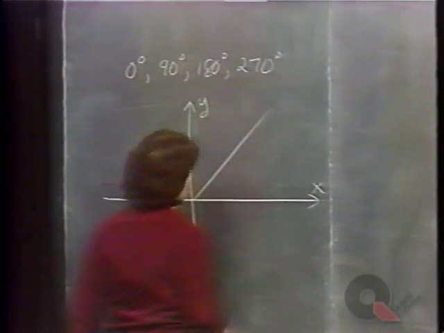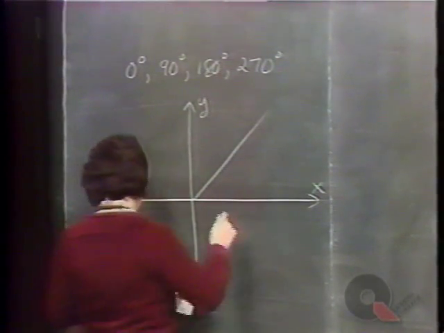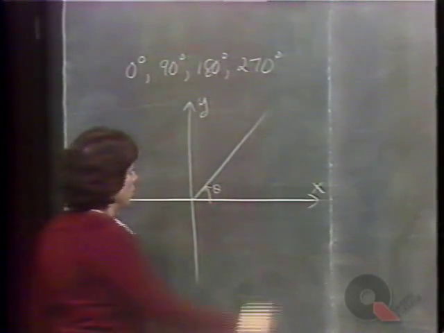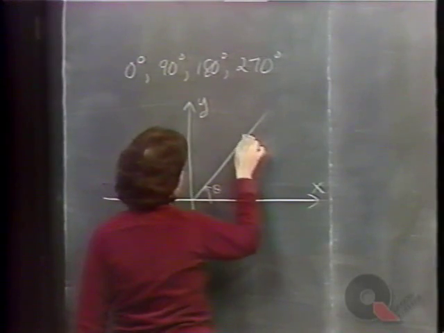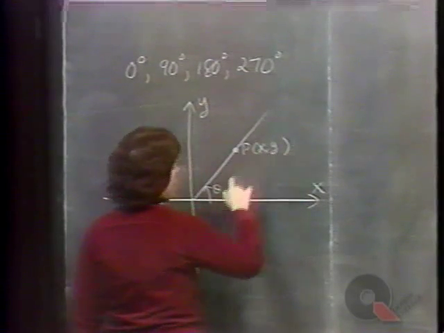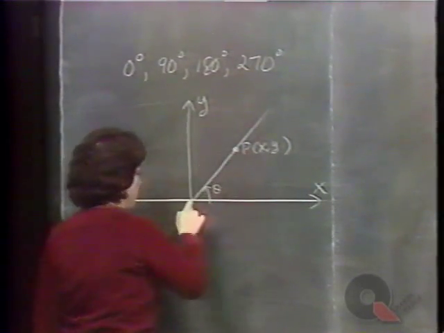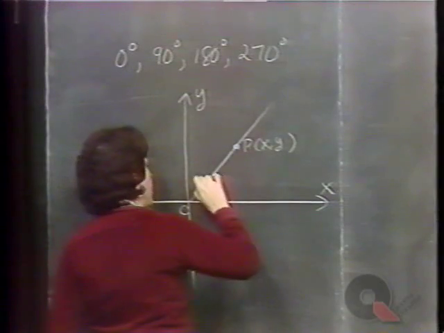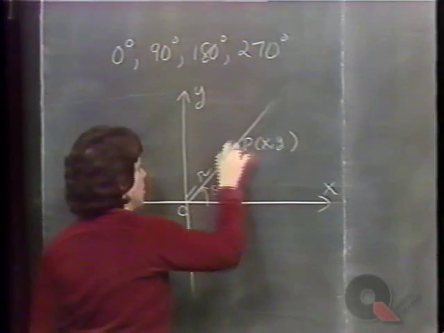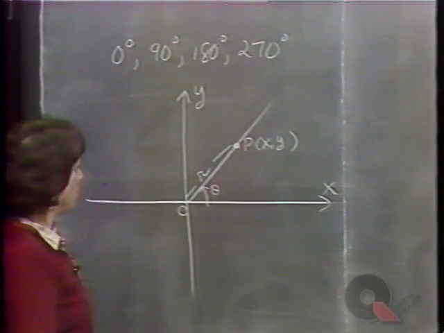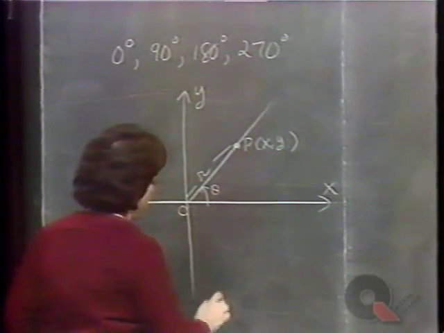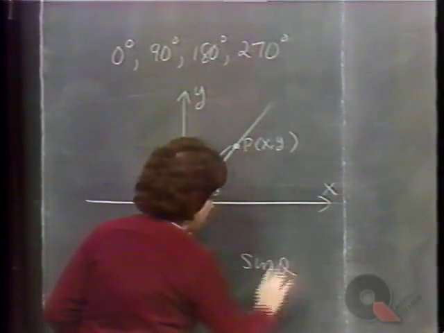Let's say, for the sake of argument, it's somewhere in the first quadrant. This is an angle theta. And what we do is we choose any point on the terminal side of that angle, let's say point P, where the distance from this point P to the origin we denote by R. R represents the distance from P to the origin. And we then define trig functions of this angle theta. In particular, we're interested here in the sine and the cosine.